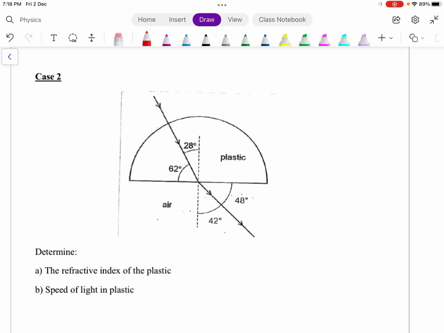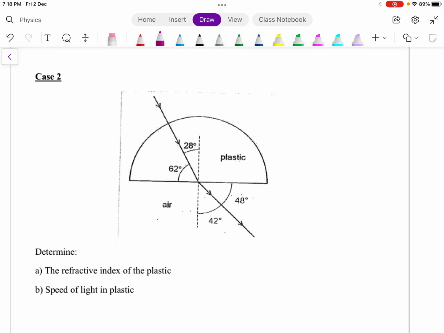Okay, we are given a few things. We are given an angle, so we must make use of the angle formula, n equal to sine i over sine r. So we have these 28, 62, right? First thing we must see is which one is the angle that we are interested in.